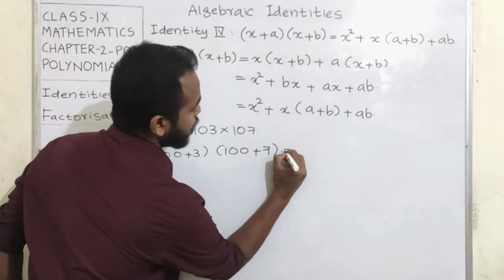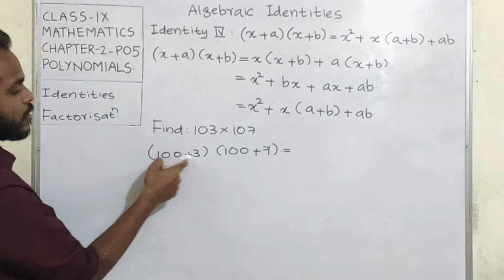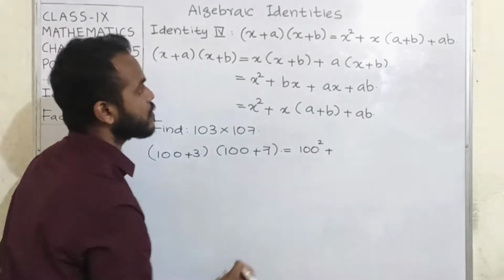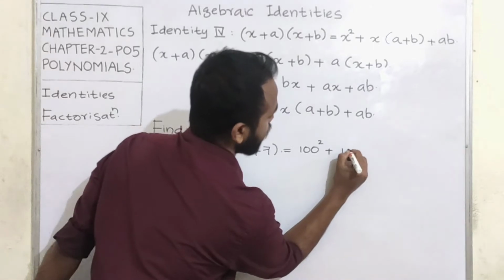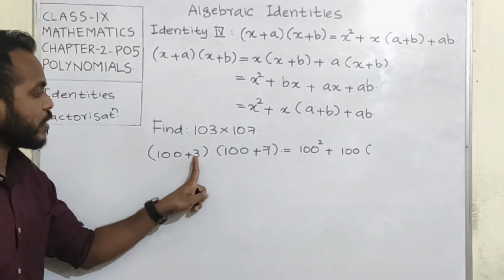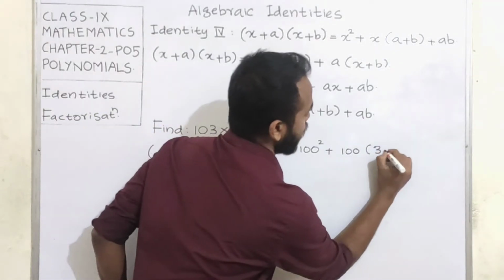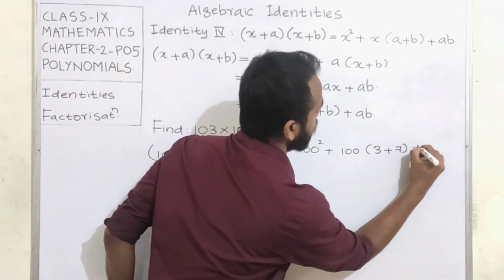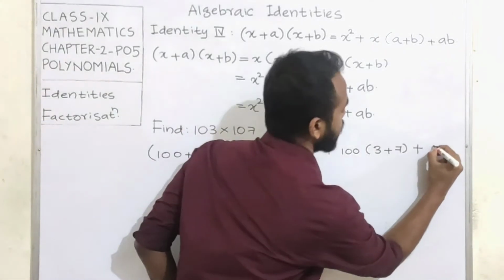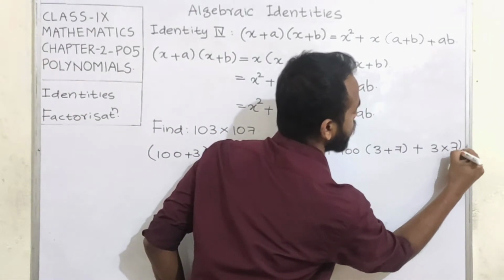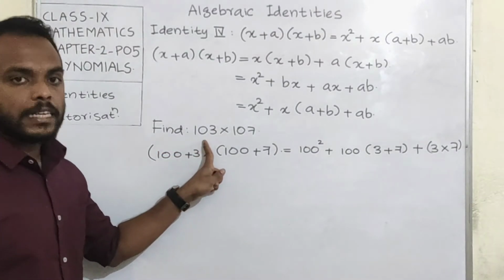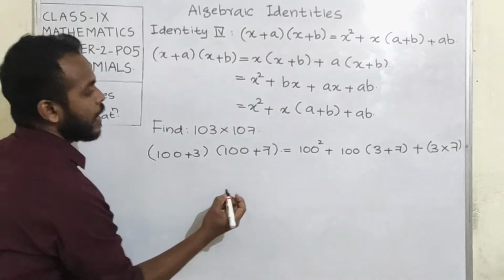And what does it say? X square. Who is the number x here? It is 100 square plus x into, that is 100 into the sum of the two numbers, that is 3 and 7, 3 plus 7, plus the product of the two numbers, for the numbers 3 and 7. So this is effectively the product that we will get when we multiply 103 and 107.